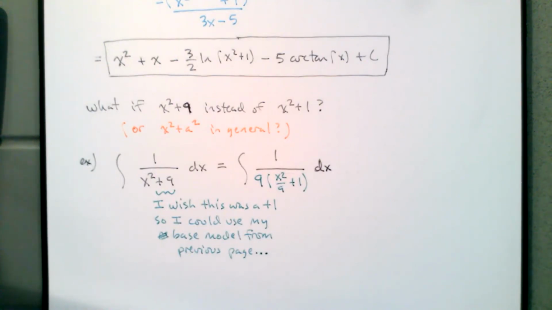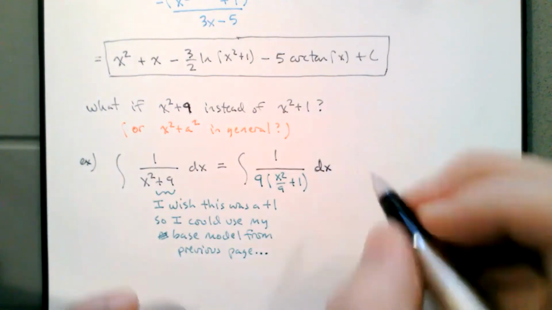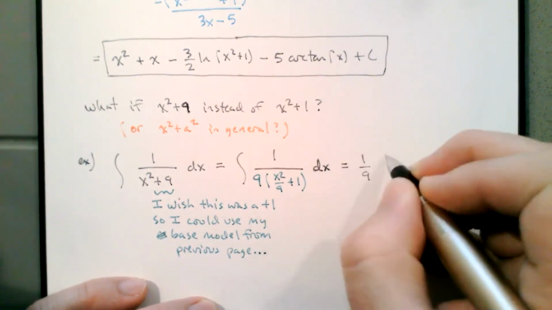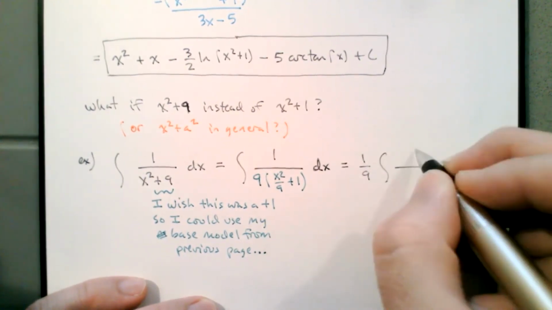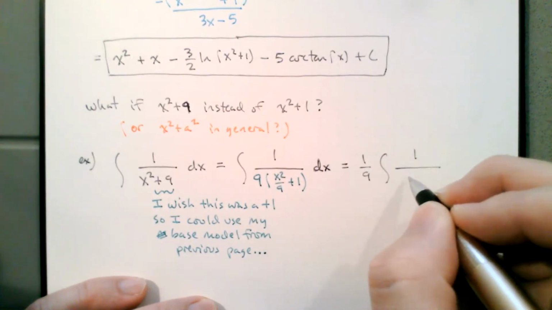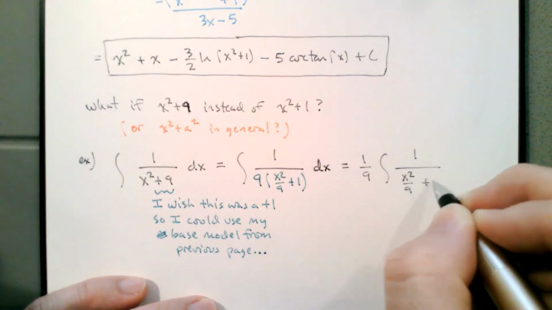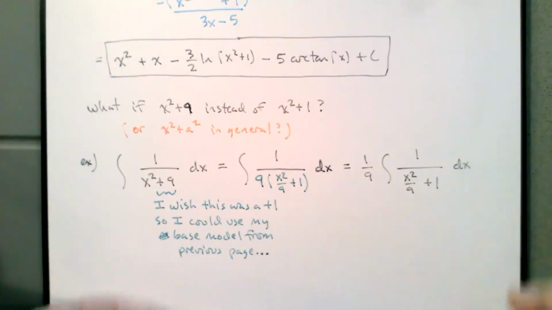I'm going to factor out a 9 because that's just a constant and I can pull that out whenever I want. So what I'm looking at is a 1/9 integral of 1 over x squared over 9 plus 1 dx.